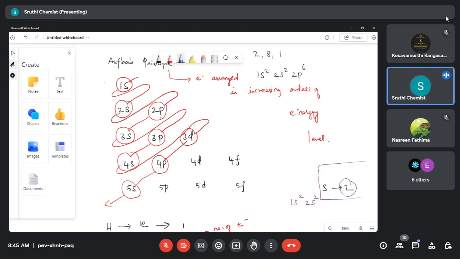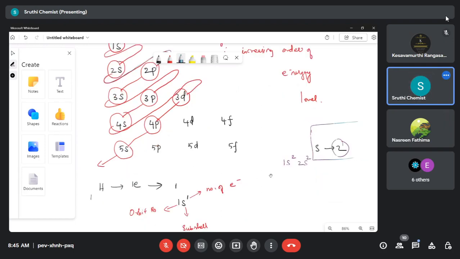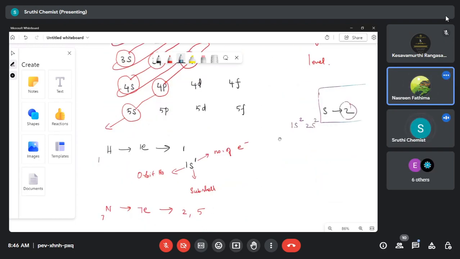So just follow the lines. Come to 2s and 2p. What is the maximum number of electrons in the p subshell? 6 electrons. Very good. Then shall I place the 3 electrons in the p subshell? We can place them, right? Because the p can hold 6 electrons, but we have only 3.